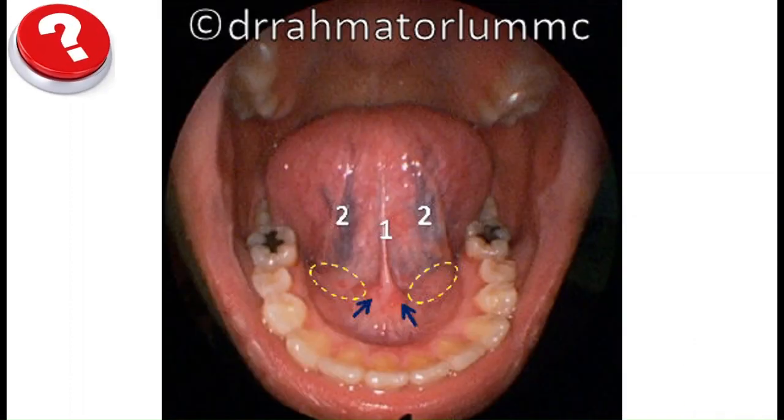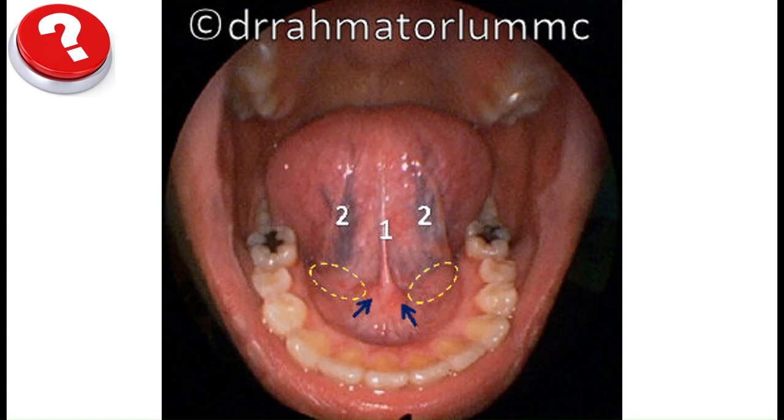What is this view? This is a widely opened mouth with the tongue elevated, and when it is elevated, the frenulum, which is marked number 1, is showing very well. Sometimes this frenulum is short, and therefore the person has difficulty chewing food and difficulty pronouncing some letters.